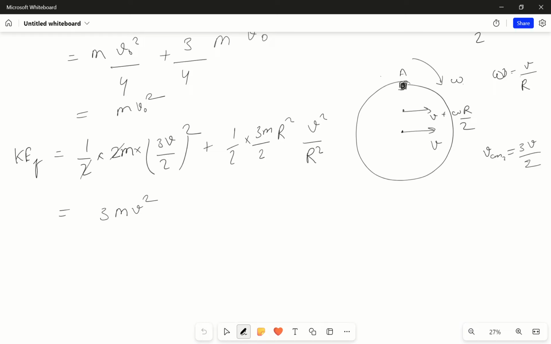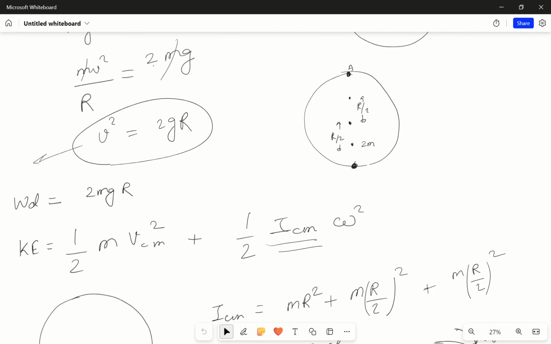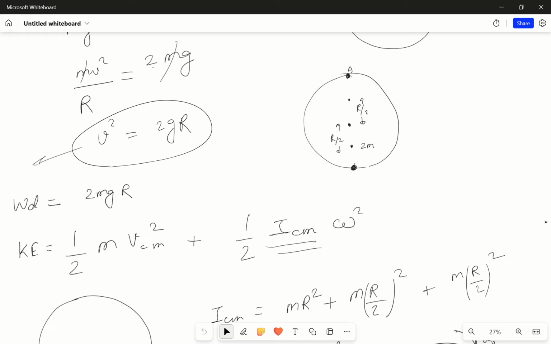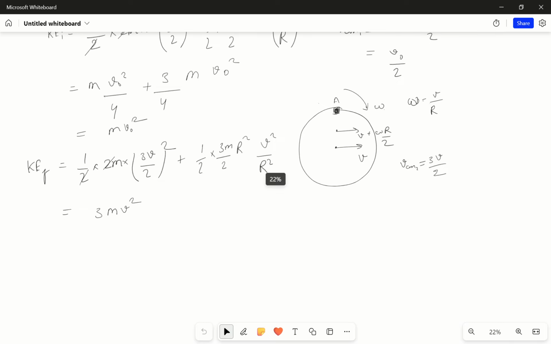So finally equating change in kinetic energy with work done by gravity. What was the work done by gravity? Work done by gravity would be negative, as it is moving opposite to the gravity. So we have to equate this with that. Change in kinetic energy is 3mv square minus mv naught square equal to minus 2mgr.